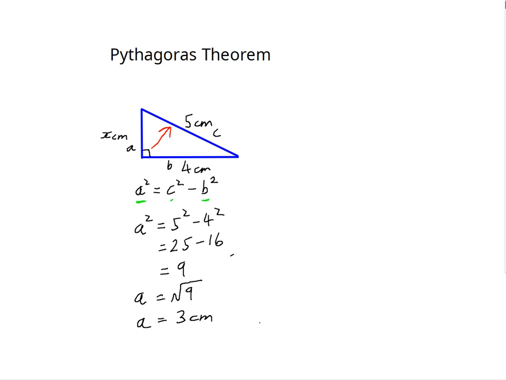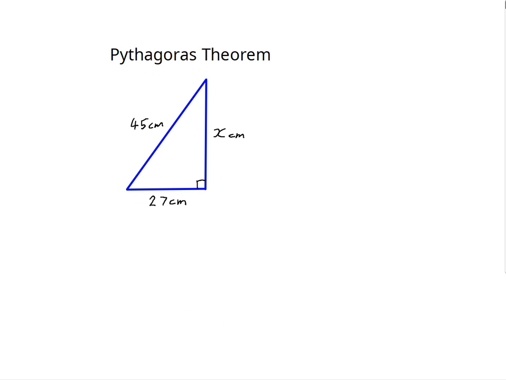Do another one. This one has some slightly bigger numbers, but the process is exactly the same. So we're going to have a short side because we are given this long length here, the hypotenuse, opposite the right angle. We're given that as 45 centimetres.